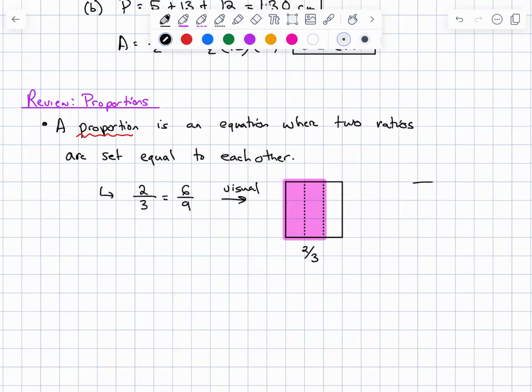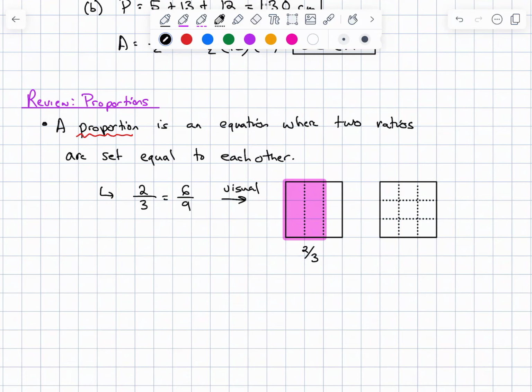And then I draw the same whole, but instead of dividing it into 3 pieces, I divide it into 9 pieces. So I'll do 2 vertical lines and 2 horizontal lines.